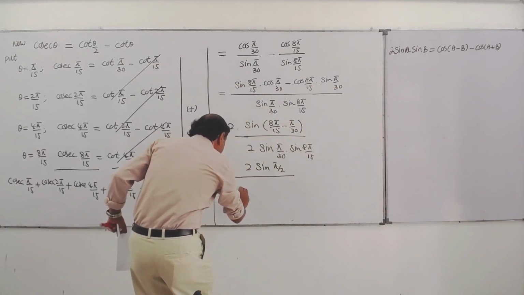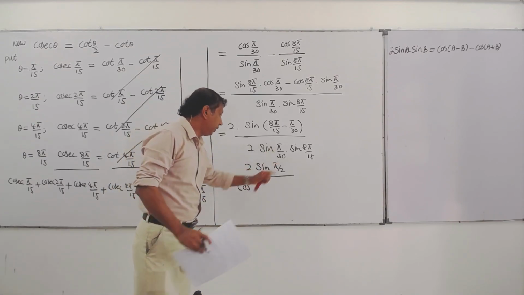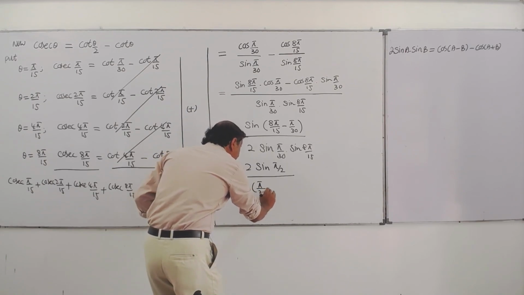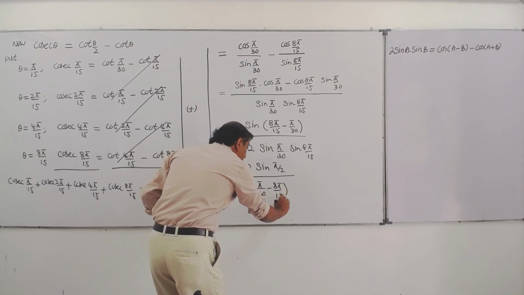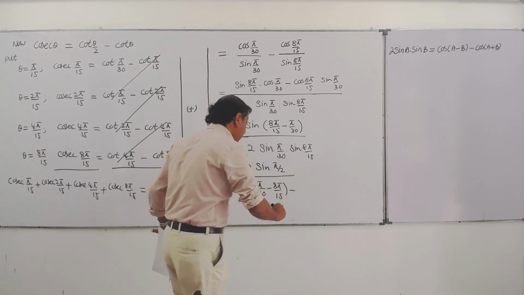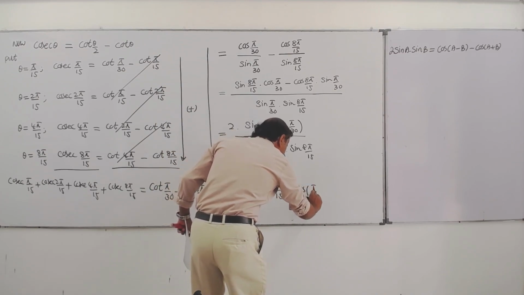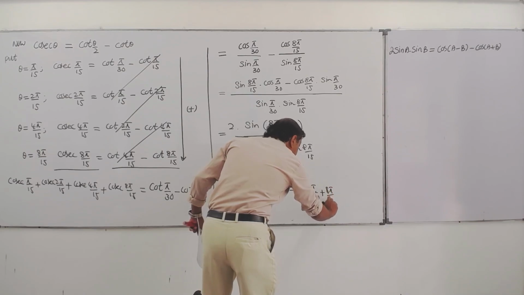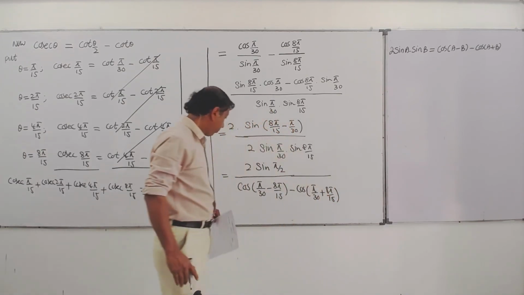Cos (A minus B), pi by 30 minus 8 pi by 15, minus cos (A plus B), add these two angles, pi by 30 plus 8 pi by 15, like this. Correct, no?